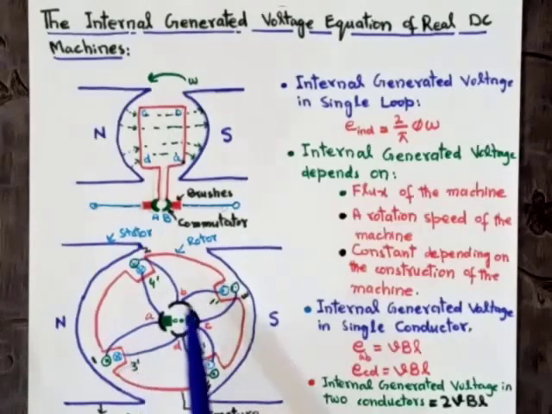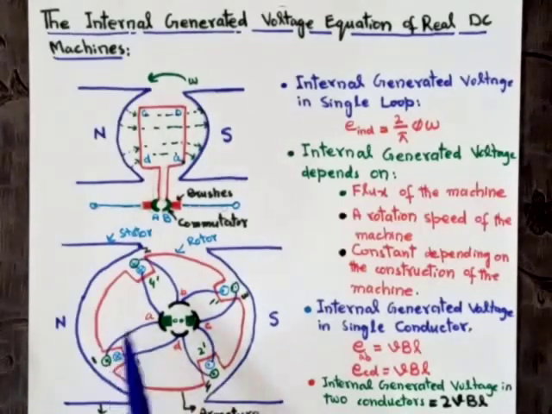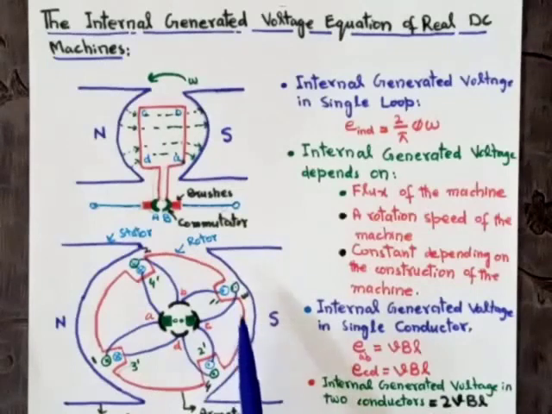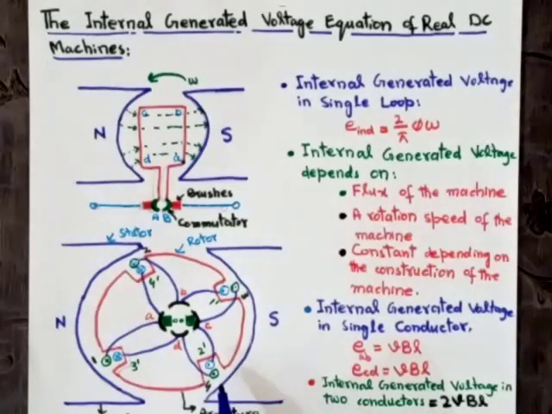Here the total number of slots is 4. This is slot number 1, slot number 2, slot number 3 and slot number 4. Here the number of parallel paths is 2 because there are 2 brushes. In the case of 2 brushes, the number of parallel paths will be 2.